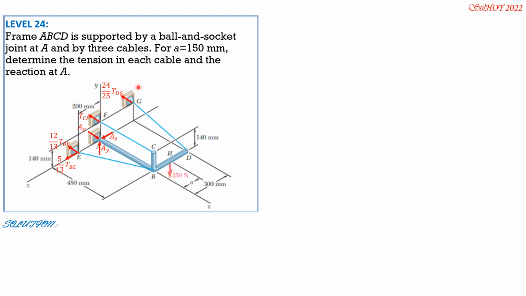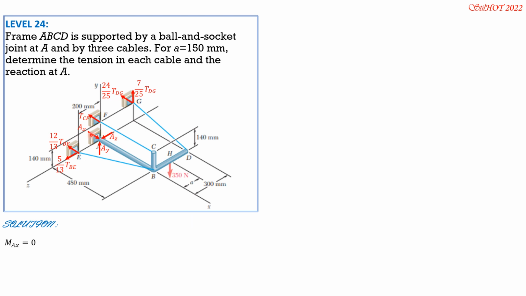The vertical component is 140 over square root of 480 squared plus 140 squared, so it is 7 over 25 tension DG. It has no z component. It lies on the xy plane. So that's the free body diagram. So summation moment about AX equals 0.